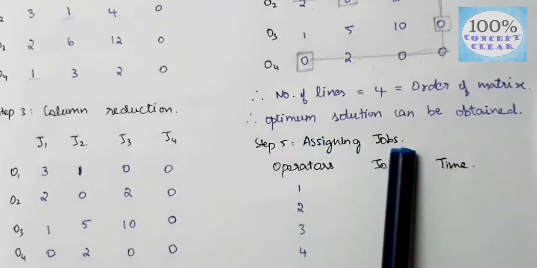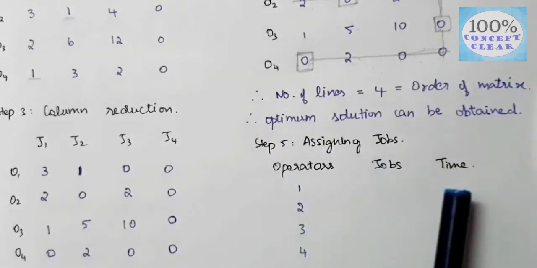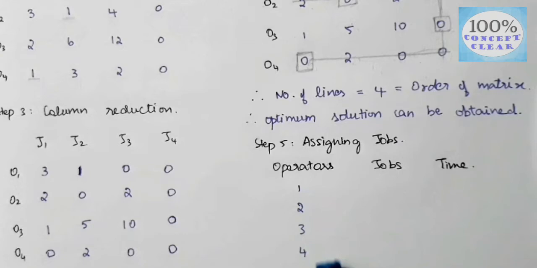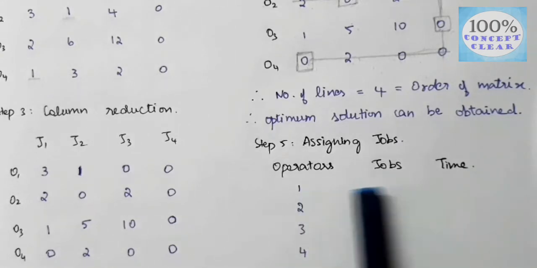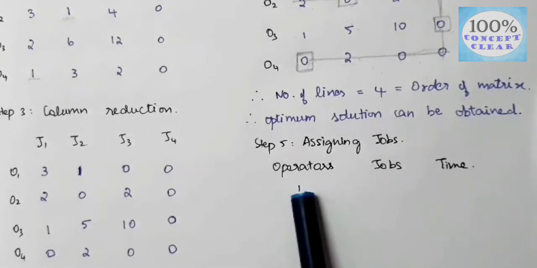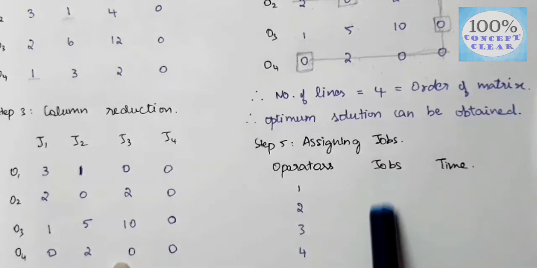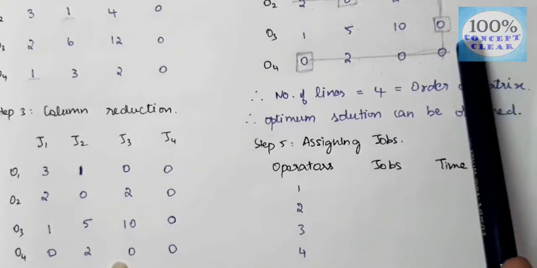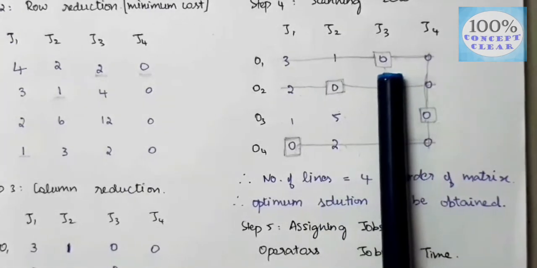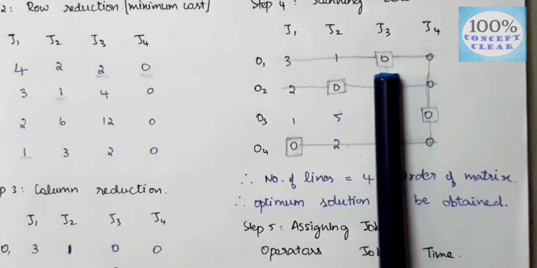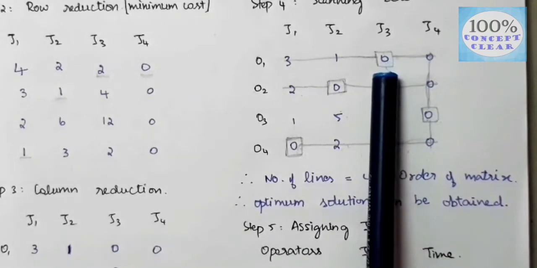Step 5, assigning job. Operators, jobs, time. We have 4 operators. Now we have to find the job that each operator is assigned with and also the time. So we can find jobs from this step. See here, in first row we have marked this 0. So what does that mean?